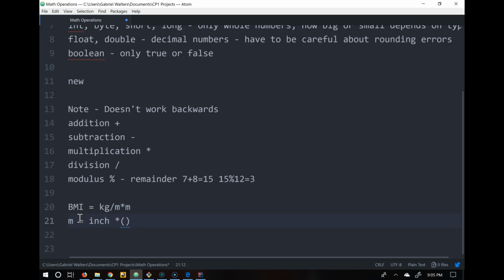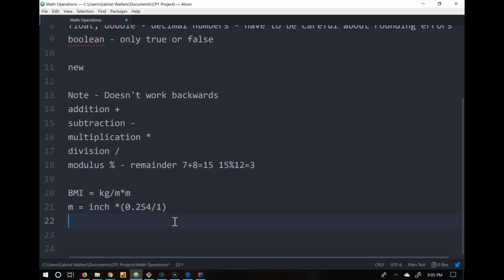So I would multiply by 0.0254, that's my conversion, divided by 1 inch, which would give me meters, and I could go backwards the other way.